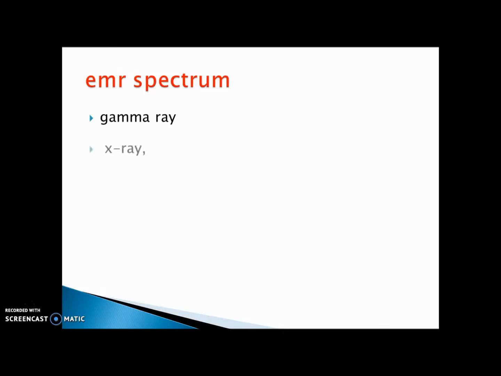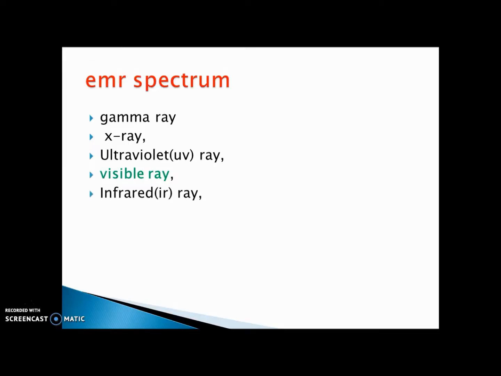The electromagnetic spectrum has 7 different components. The first one is the gamma ray, followed by the X-ray, the ultraviolet ray, and the visible ray. We have the infrared, the microwave, and radio wave. In this lesson, our interest will be focused on the visible ray. Here we see that these several components of the spectrum are arranged in the order of their frequency.